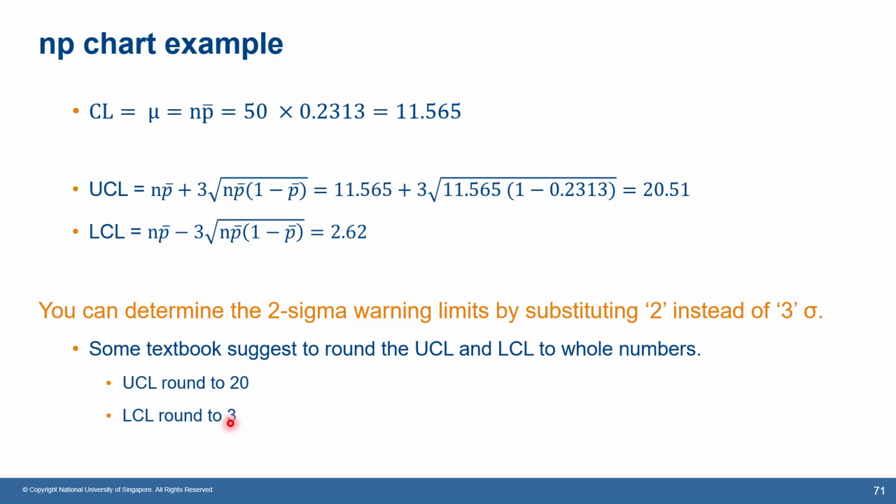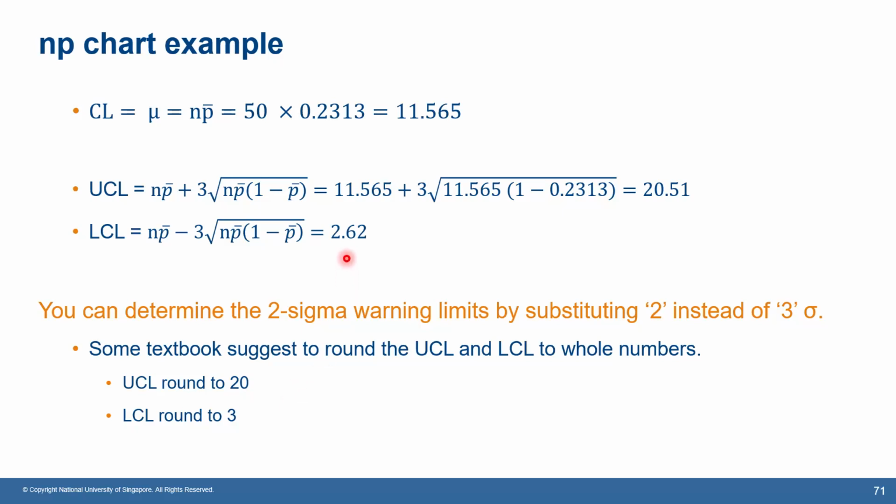It's only when you exceed. So if you round the upper control limit to 21, you're going to have the problem where if you have 21, by right it is out of control already, but if you round it to 21, you would have mistakenly identified it as still within control.